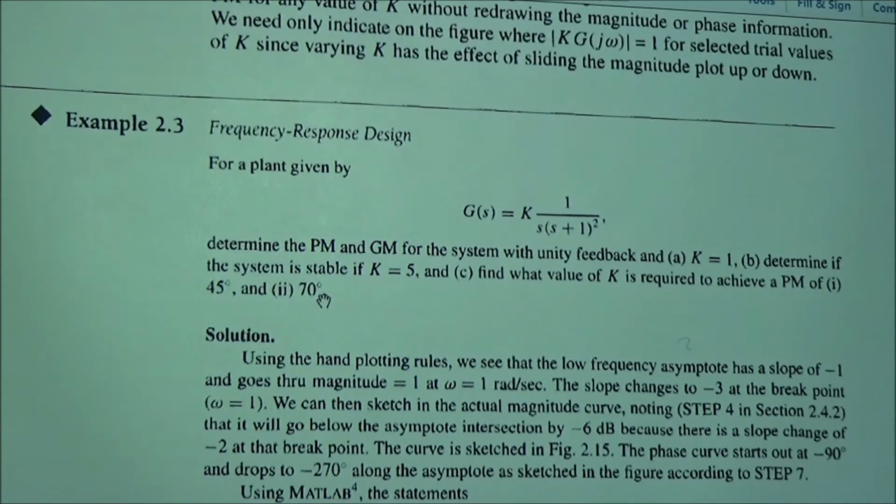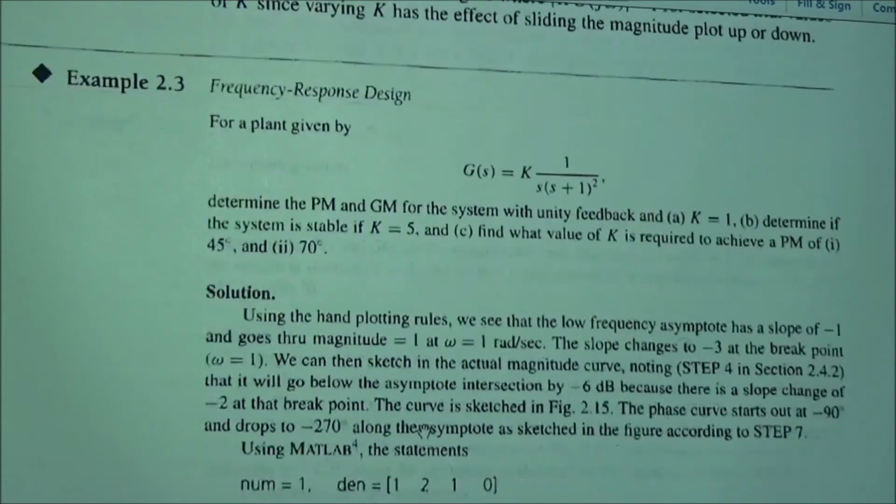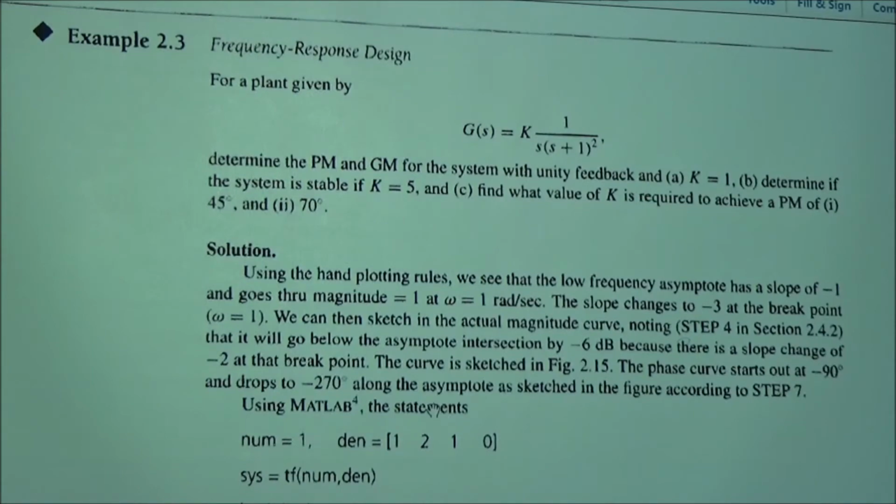In this situation, as long as phase margin is positive, your system will be stable. That means you can afford an additional 45 degrees of negative phase before the system becomes oscillatory. And we can do all of that on MATLAB.